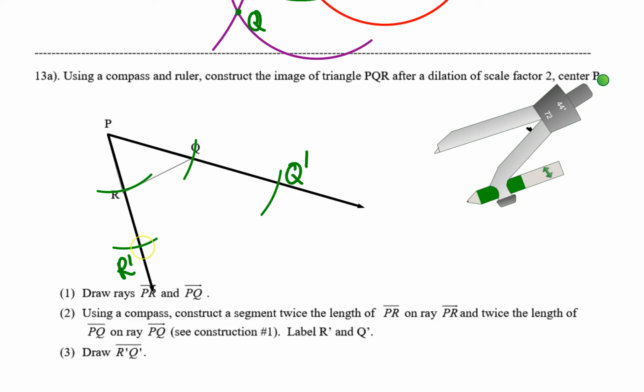So join R prime and Q prime. And there you have it. Now, P prime, since it's at the center of dilation, remains in the same spot. P is the center of dilation, so P prime is technically in the exact same spot. So P prime, R prime, Q prime is twice the size of the original figure.